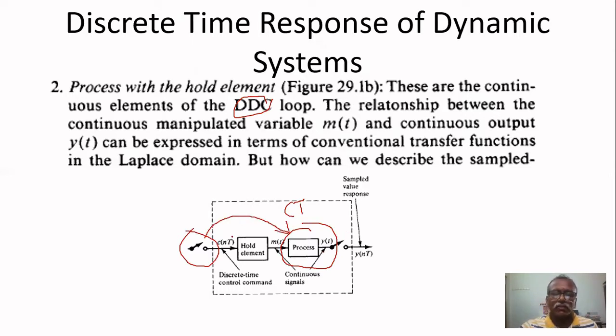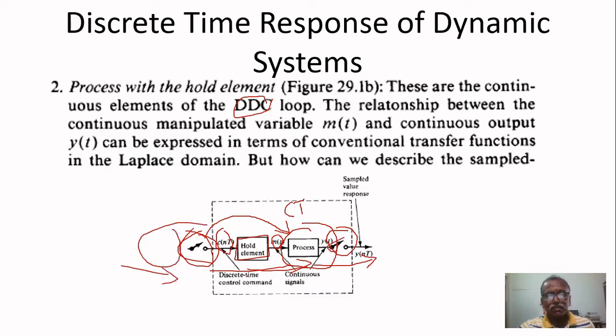That's why we need a hold circuit that converts discrete into continuous, so that the discrete input goes to the system as a continuous signal. But externally, we sample on both sides: the input is a sampled signal, and the output is also a sampled signal.